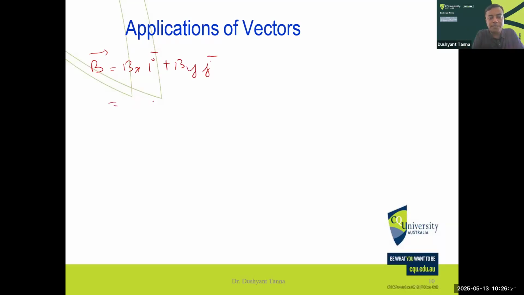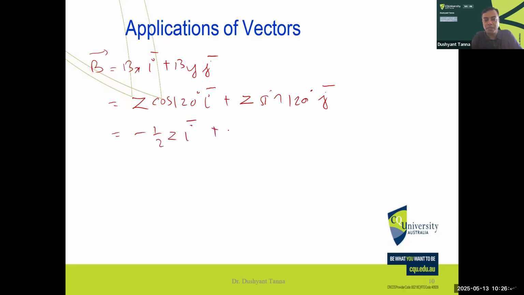BX is Z cos 120 I, Z sine 120 J. Cos 120 is 180 minus 60. Second quadrant, cos is negative, so that's half. So minus half ZI. And this is positive root 3 over 2 ZJ. That's my B.